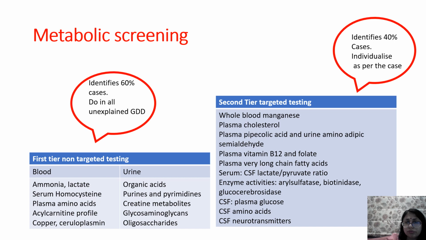But if these are also not giving any answer, or if there are clinical pointers that the cause may be, like, pyridoxine dependent epilepsy, we do targeted testing individualized as per the case. So this becomes a second tier of targeted testing, and this identifies 40% of the cases.